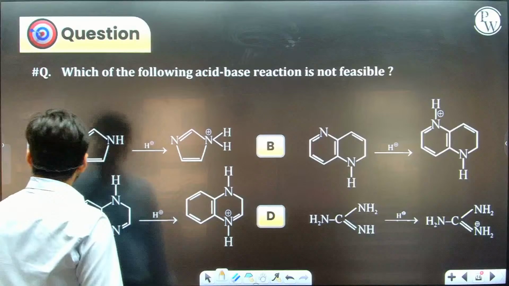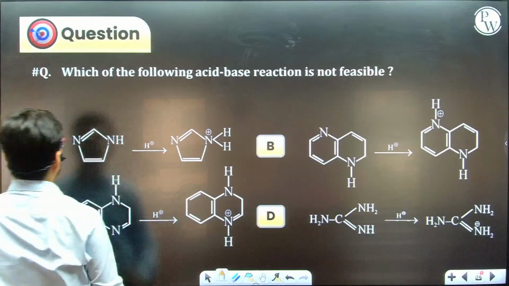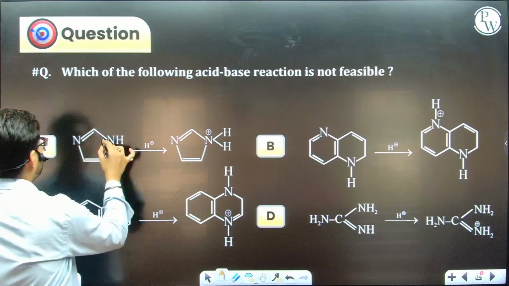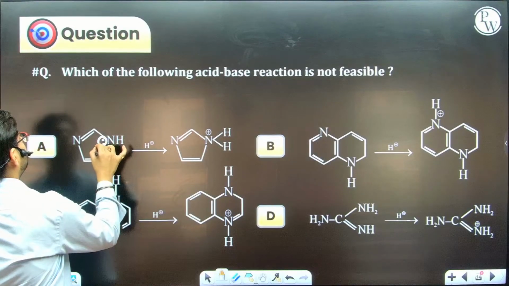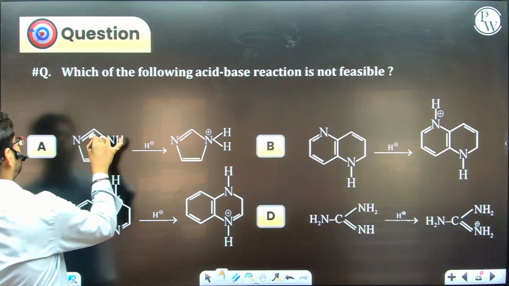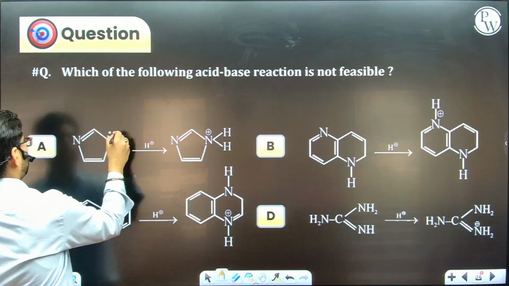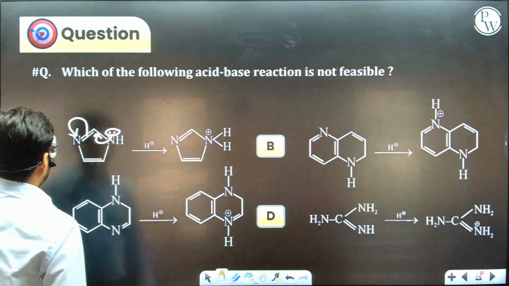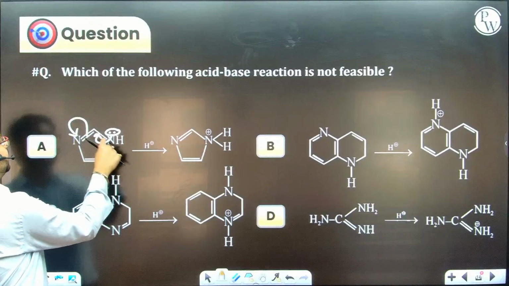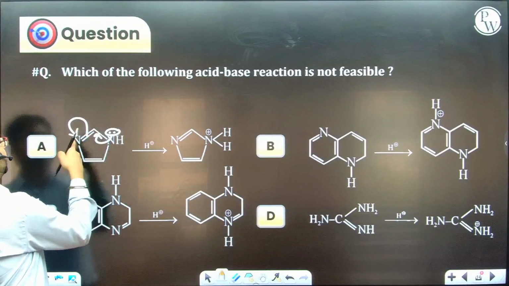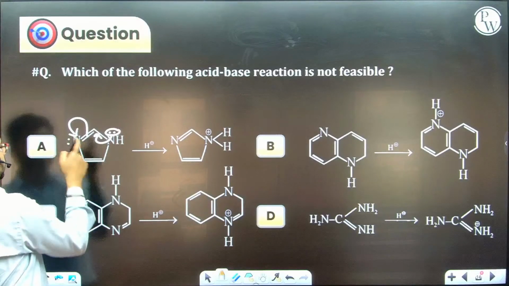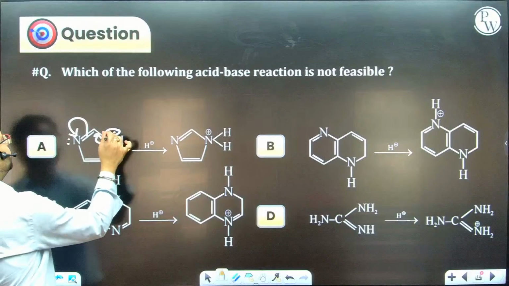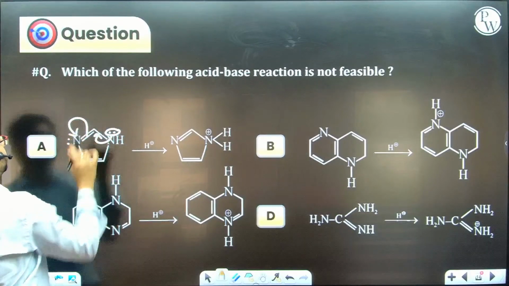Let's see now. In A, these are the 2 nitrogen atoms. Okay. Now if you notice carefully, again that same old concept is back. Here this lone pair is involved in resonance, which means this nitrogen is more basic than this nitrogen, because the lone pair of this nitrogen atom is not involved in resonance, whereas the lone pair of this nitrogen atom is involved in resonance.